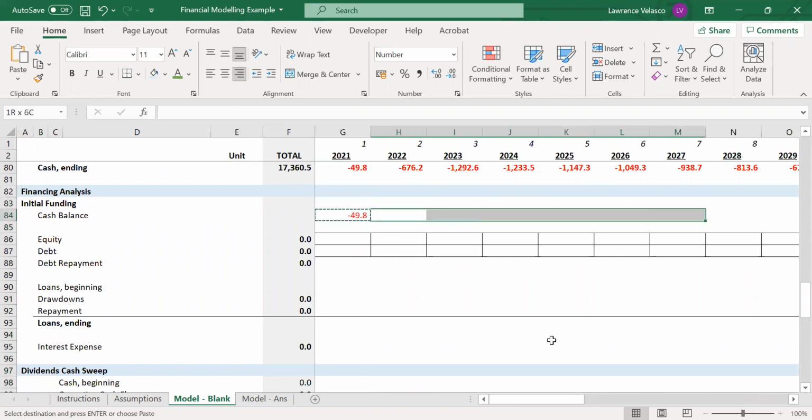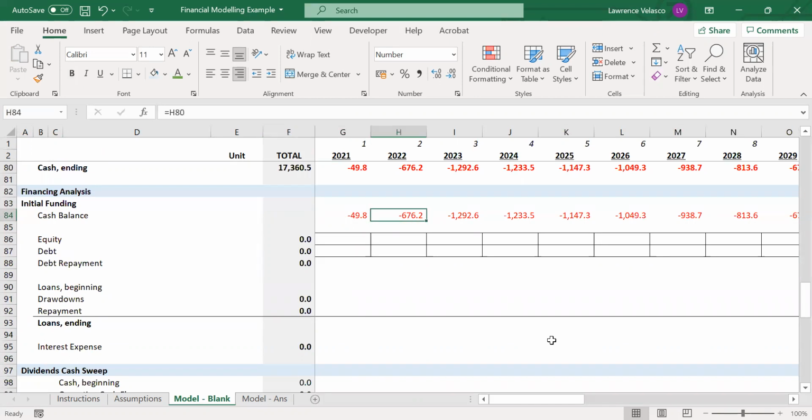So sabi dito, negative ang cash balance kasi wala pang debt and equity. We still have to pay for it using debt and equity. So ngayon, dito na tayo pwedeng mag-experiment. What we want to do is to determine the amount of equity and amount of debt that we need to infuse into the business.